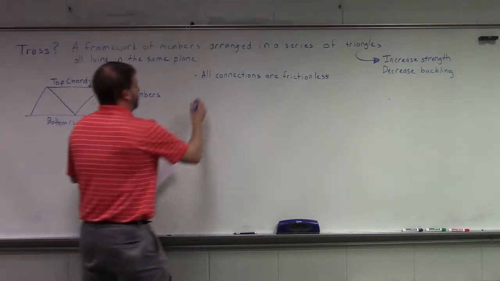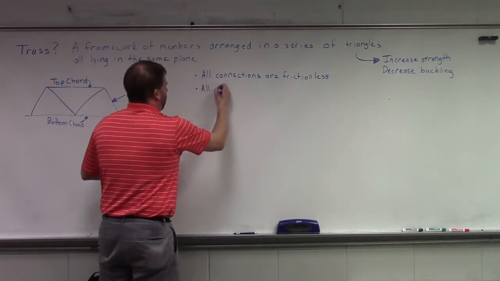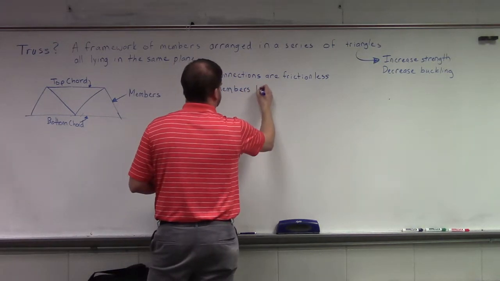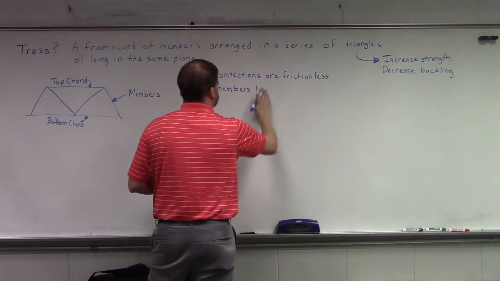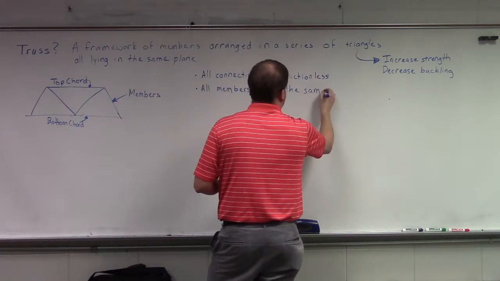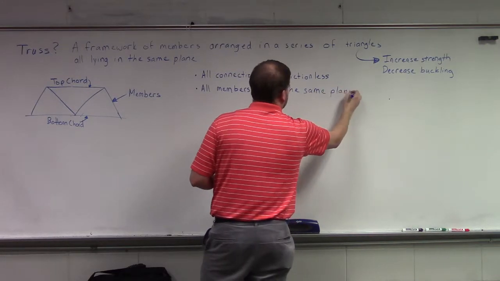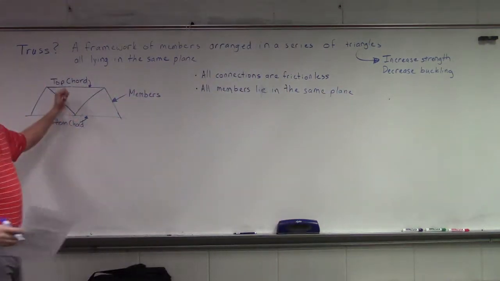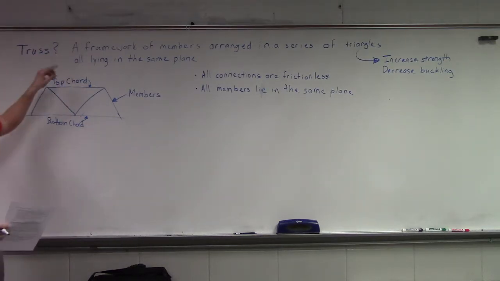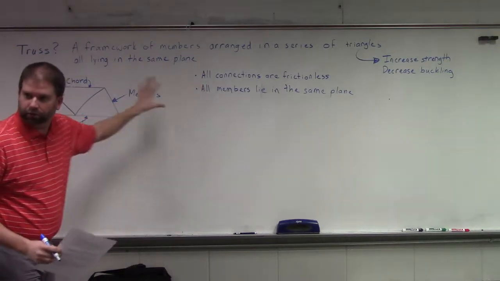Okay? We're also going to assume all members lie in the same plane. So there's no z dimension in this thing. The truss isn't coming out at us. It's not going away from us. It's just running along the board. All right.